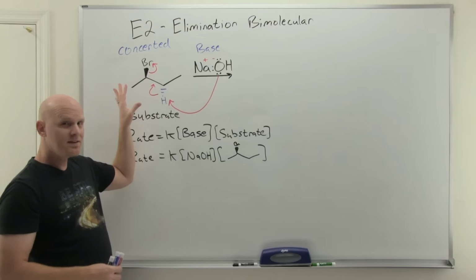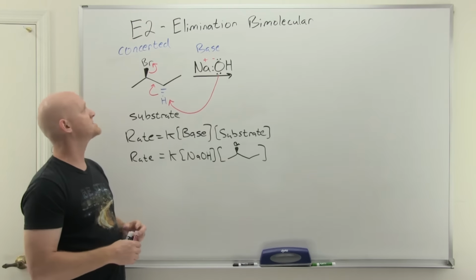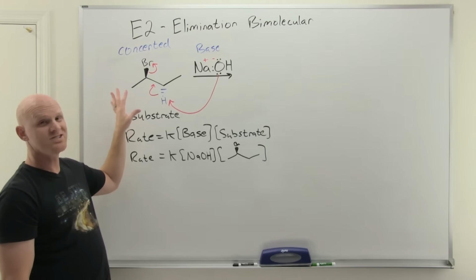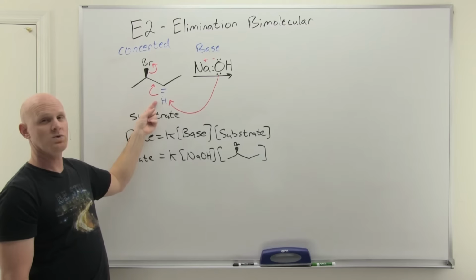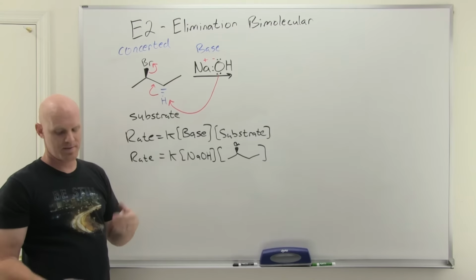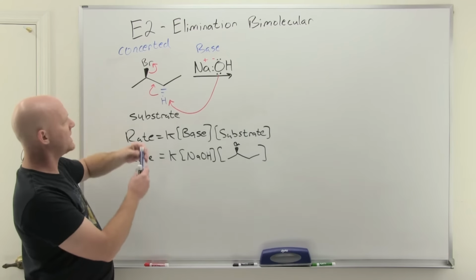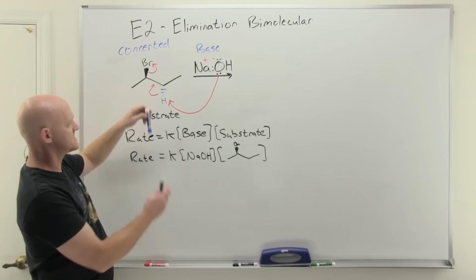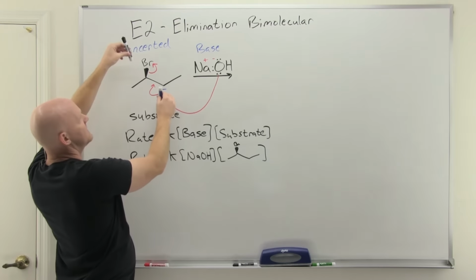Okay, so it turns out that E2 elimination has some stereochemical requirements we need to address as well. And I've drawn it in such a way that there are actually two hydrogens on this beta carbon right here, one that's a wedge and one that's a dash. And I made sure to draw the dashed one on purpose. So if you take a look at the relationship here, this hydrogen is pointing down and it is a dash, whereas the bromine is pointing up and is a wedge.